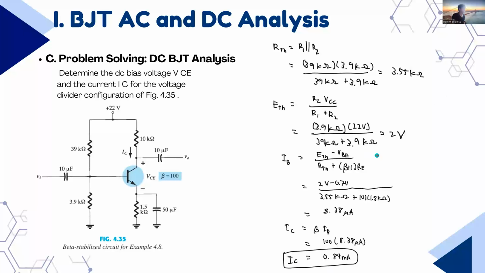So we have an example for problem solving in the DC BJT analysis. The problem is to determine the DC bias voltage VCE. So we will try to find the VCE, the potential difference between the terminal at C, collector, and the terminal at E. And the current IC for the voltage divider configuration, figure 4.35.